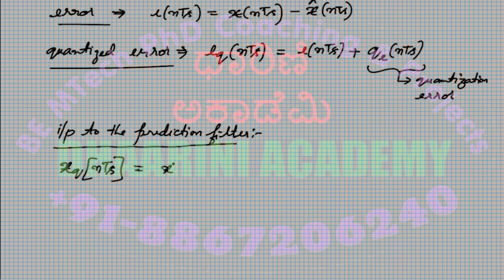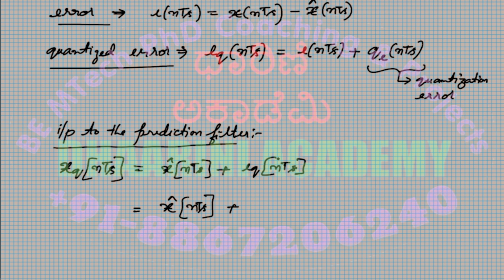So that is X cap of nTs plus EQ of nTs, isn't it? Right. Now let us substitute what is X cap of nTs. Okay, let's keep X cap as it is. Let me write like this. X cap of nTs, right?